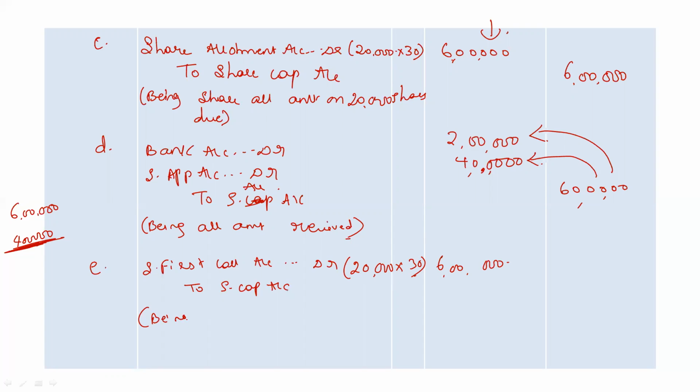Being share first call amount for 20,000 shares due, right? It's due. Now, while payment, shareholders are paying the first call amount, but out of 20,000 shares, the person who is having 200 shares is not paying the amount.